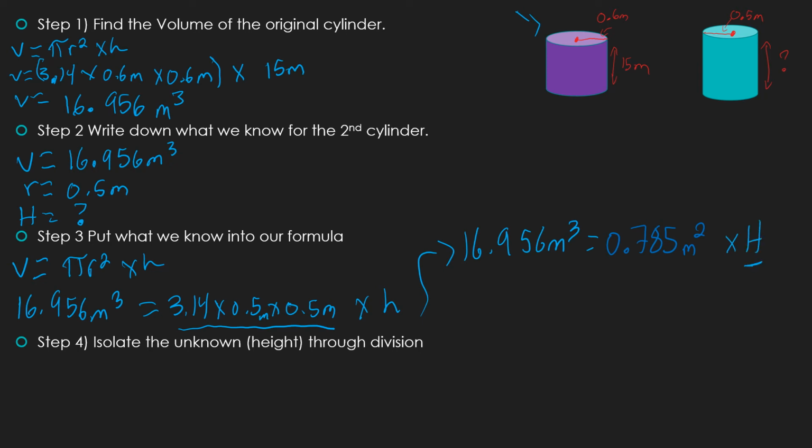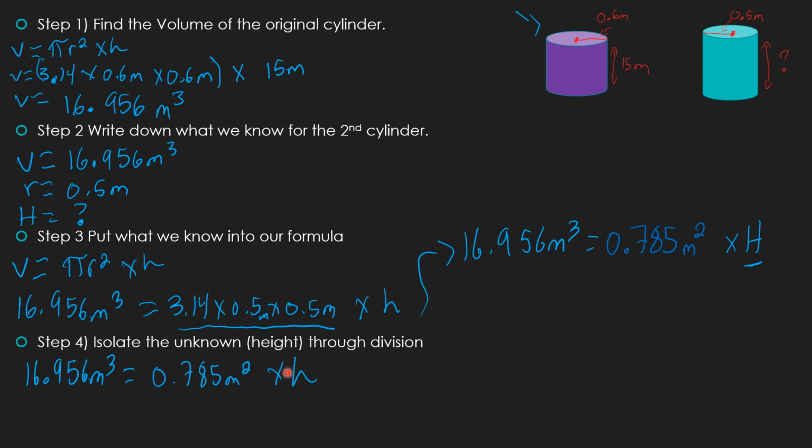Now for step 4, we're just going to try to figure out how to get this variable, because we don't know what height is, on its own alone here. So what I'm going to do is use division. So if we look here, what we've written down is our volume is 16.956 meters cubed equals 0.785 meters squared, so that's our area, times our height.